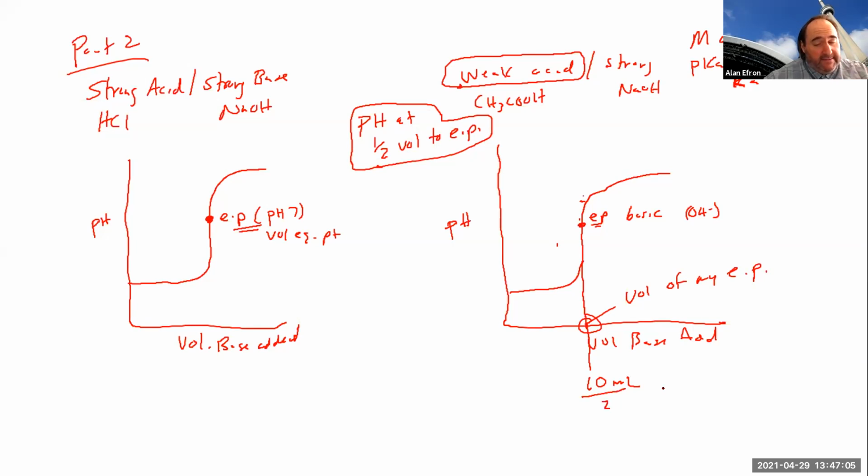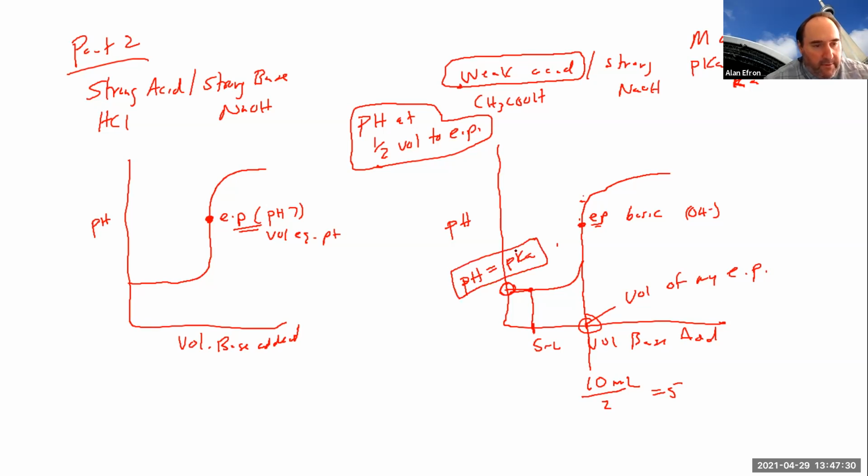Half of 10 is 5. So I would come over here to 5 milliliters. And if I technically old school it and go up to my curve and then go over to the pH scale in a straight line, the pH that I would have right at that point would equal the pKa value for my acid.